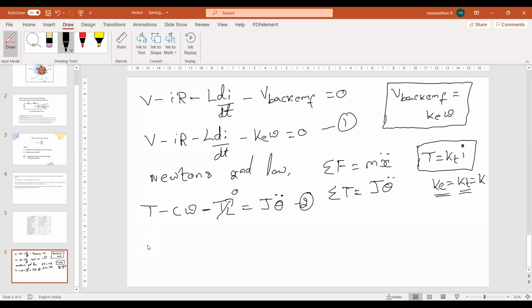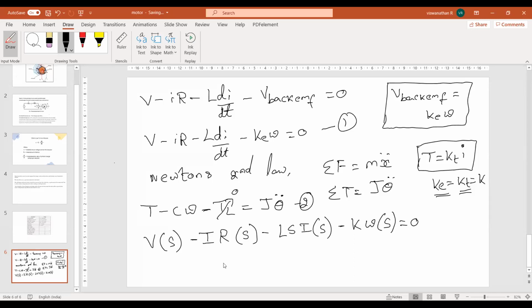It is V of s minus I r of s, with capital I when taking the Laplace transform, minus, can you tell me the Laplace transform of this one? L into s I of s, minus k omega of s equal to 0.